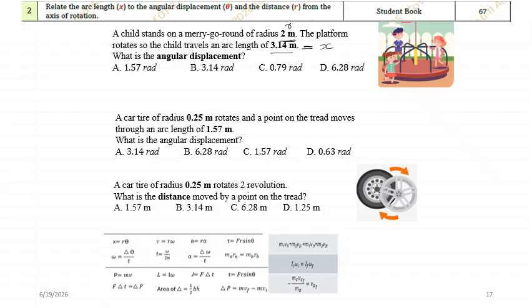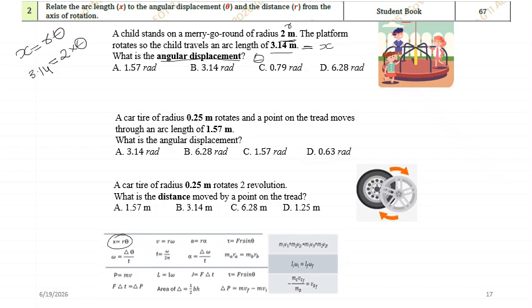Then what do they need? They need angular displacement. So what is angular displacement? Angular displacement is theta. Look at x, r and theta. So which will be the equation? You know that x is equal to r theta. The x value is given, 3.14, and r will be 2, and then theta.